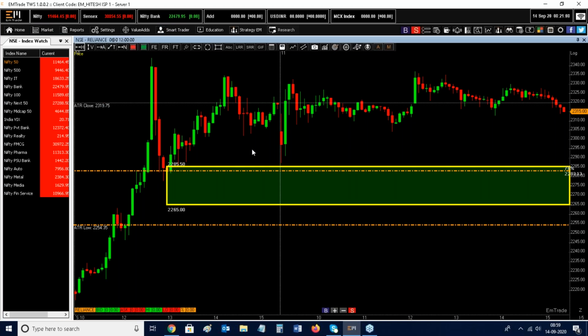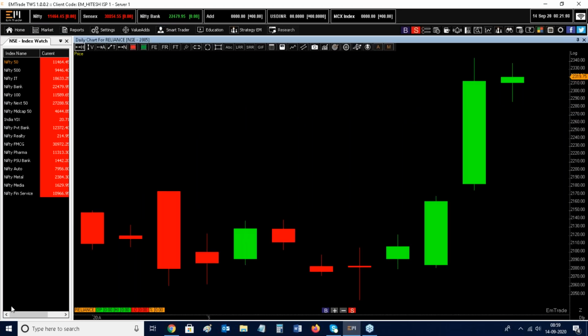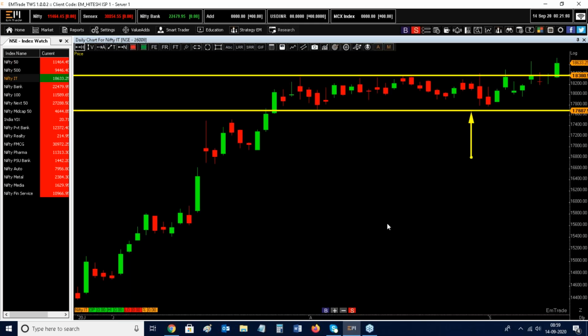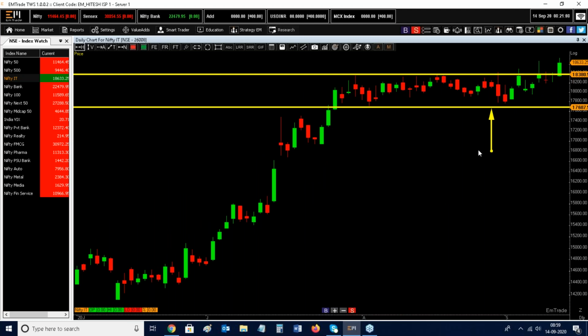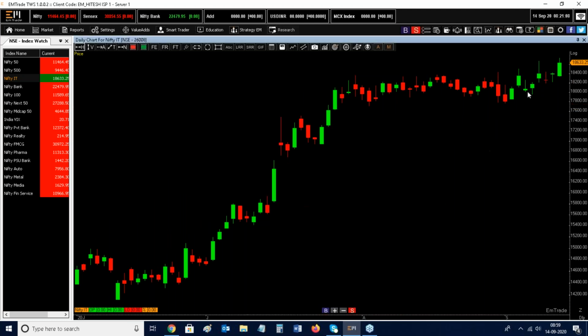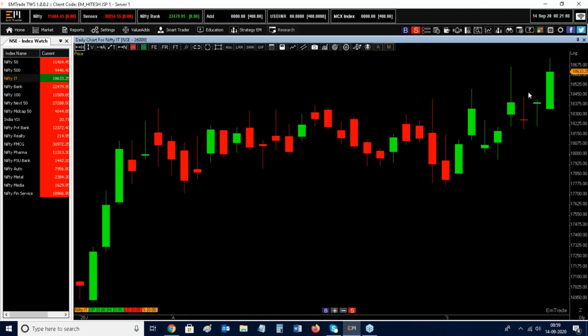And among the sectoral indices, let's go and check it on the daily chart. Nifty IT, the consolidation was breached on the upside. So your IT stocks are buy on declines at support.